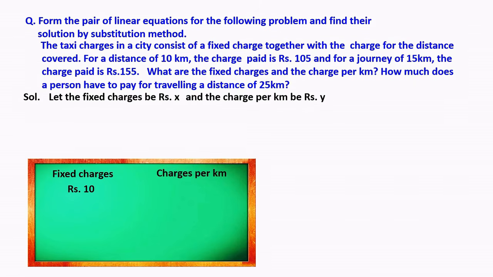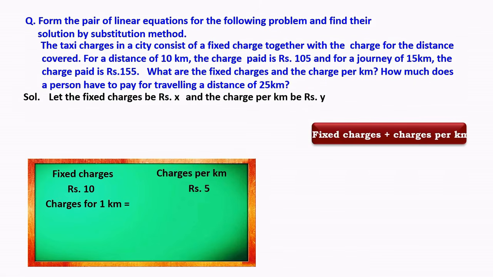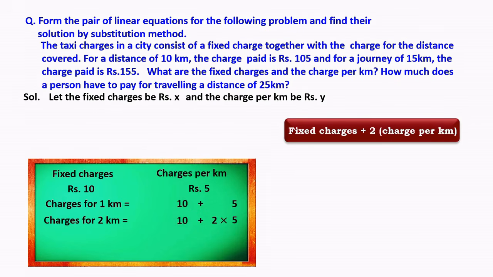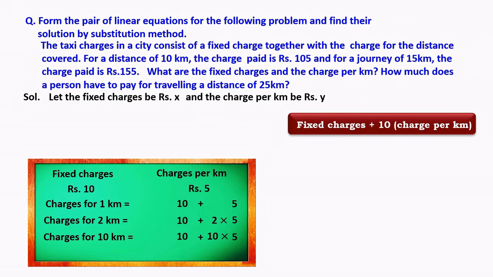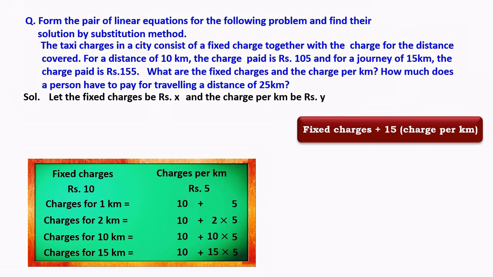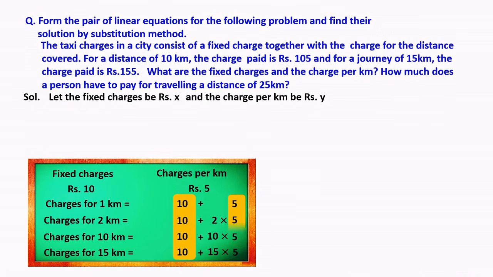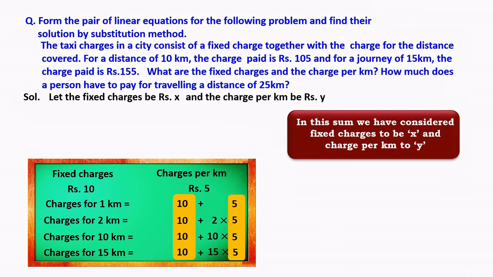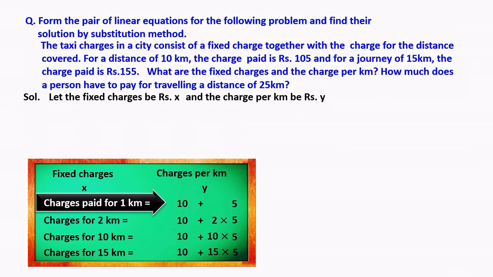So, total fare equals fixed charge plus distance multiplied by charge per kilometer. From the first condition, x plus 10y equals 105. From the second condition, x plus 15y equals 155. Now, we solve using substitution method.